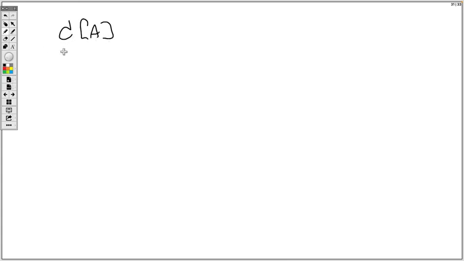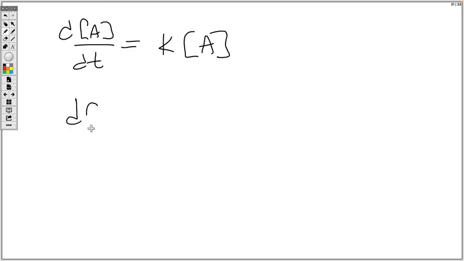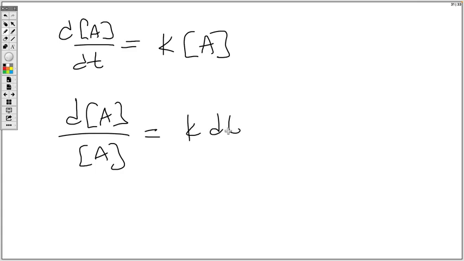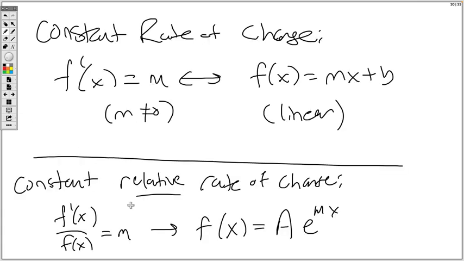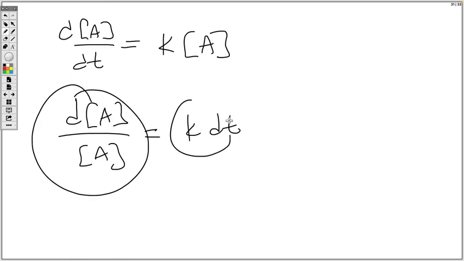The rate of change of concentration with respect to time is equal to some constant times the concentration, right? That's your first order chemical reaction. You can rearrange this. And sure enough, there's that relative rate of change being a constant. Okay, so that's where all that stuff comes from.